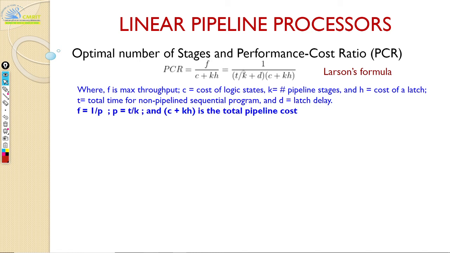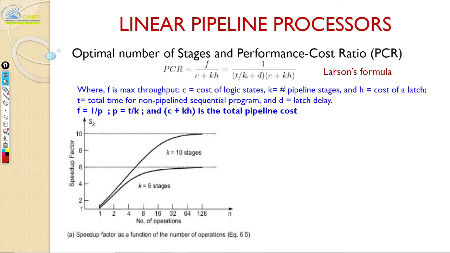So the whole expression becomes 1 by T by K plus D times C plus KH. So this is the performance cost ratio. Now if you actually evaluate this, you will get a quadratic equation, and you can solve that quadratic equation.